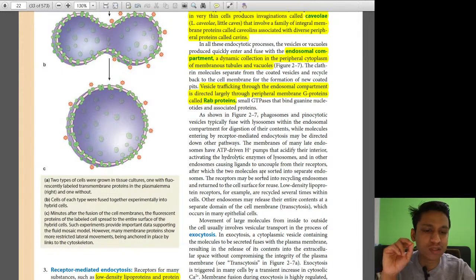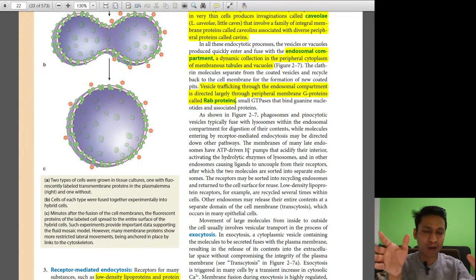The receptors may be sorted into recycling endosomes and returned to the cell surface for reuse. Low density lipoprotein receptors, for example, are recycled several times within cells. Other endosomes may release their entire content at a separate domain of the cell membrane, called transcytosis, which may occur in many epithelial cells. So now these contents go to different pathways. What are these pathways?